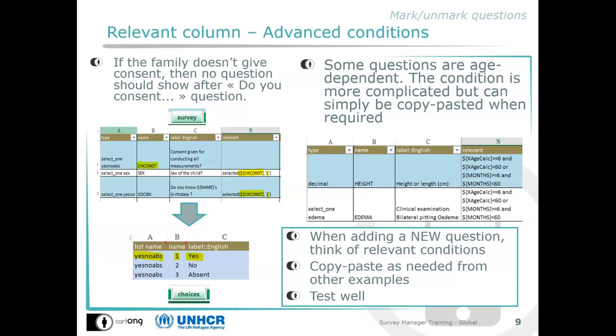Is it a question that always needs to get asked, like the administrative divisions that you will go through even if the household doesn't give the consent, so that you know where you stand in terms of your sampling rate? Or is it a question that depends on the input of another question?